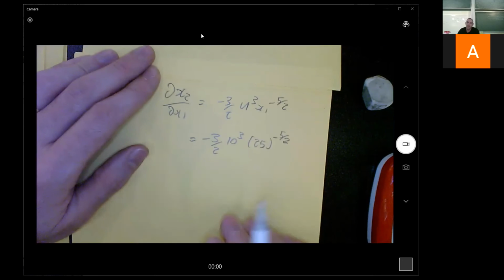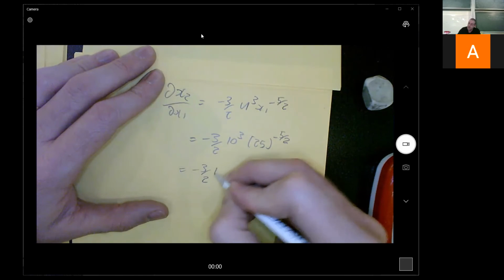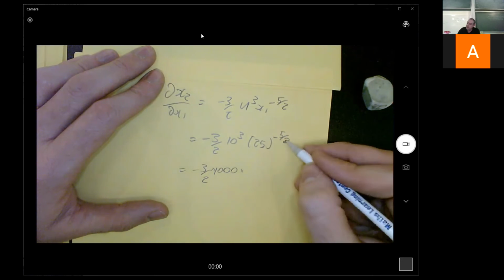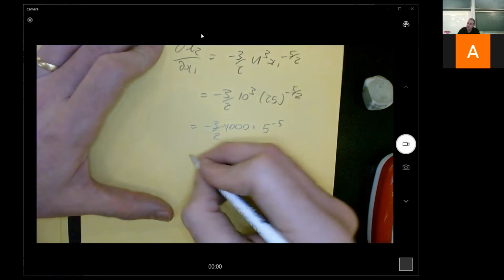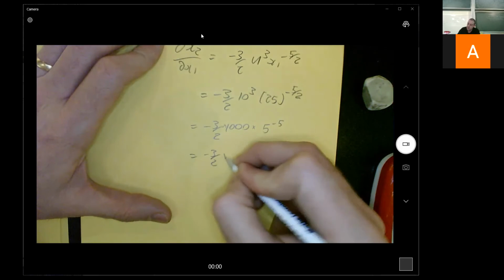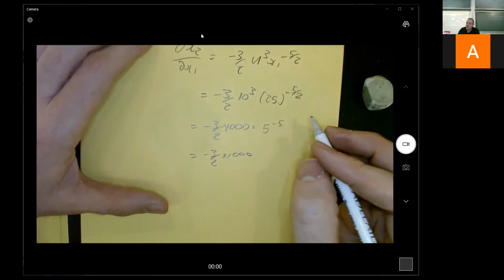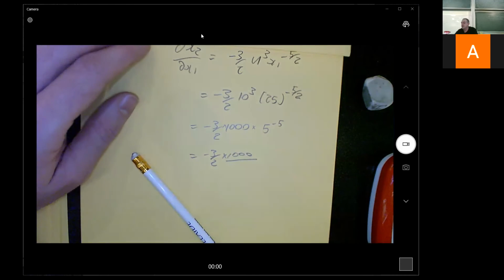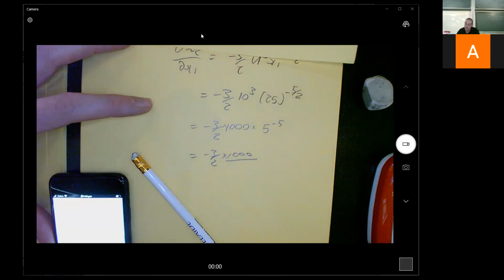Wow. I really haven't made it easy for myself. So that's 1,000. Now 25 to the half would be 5. And 5 to the power of 5 is a very large number, which I don't know what that is. But I'm just going to ask my calculator what this works out to be.